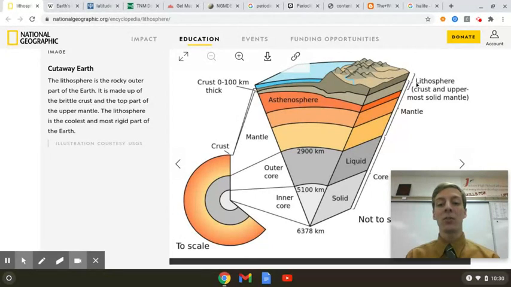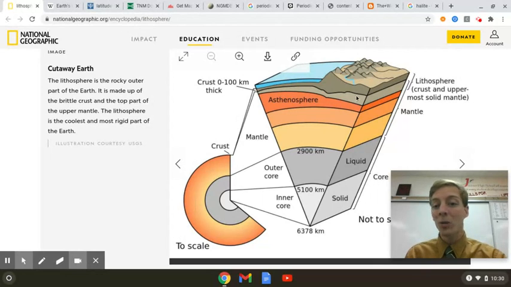And the lithosphere also includes the top layer of the mantle right here in this light gray. The asthenosphere is the next layer down of the mantle, because this light gray and dark gray, these are rigid. They're solid. The asthenosphere is partially molten.